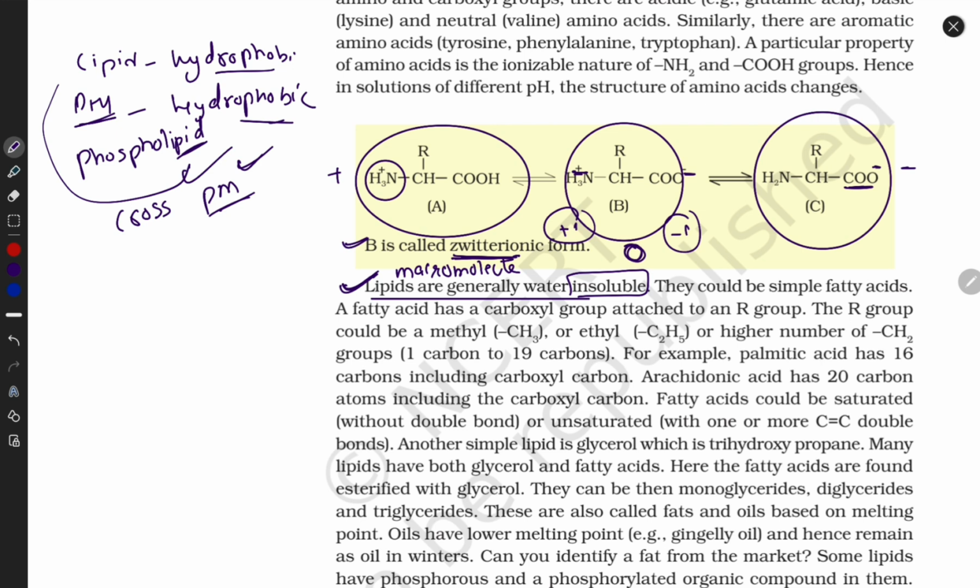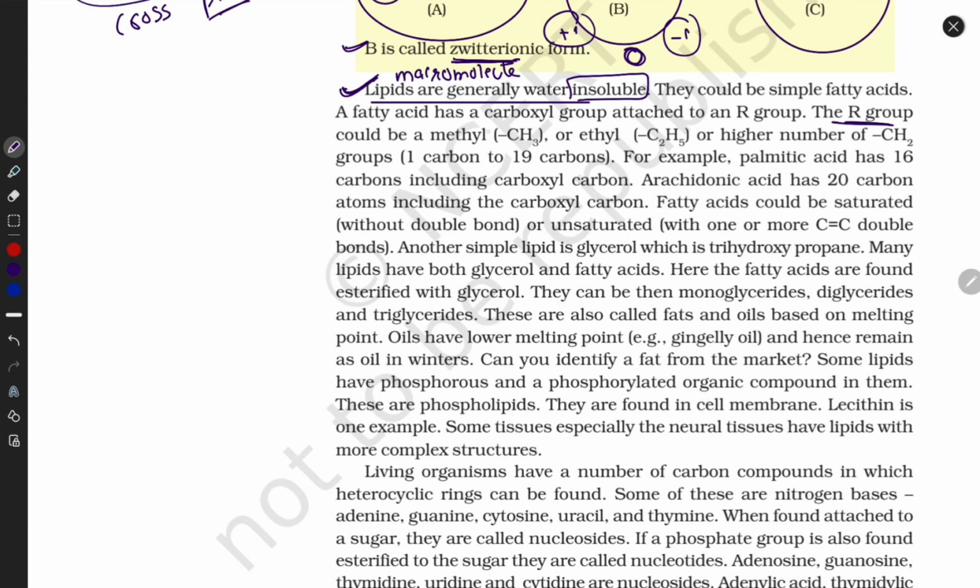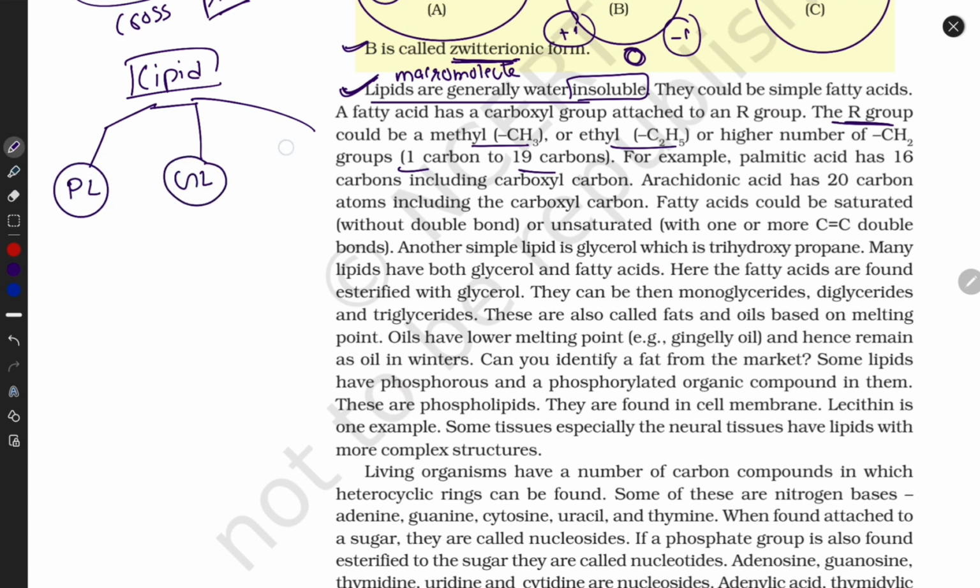All right, let's move further. Lipids also contain an R group. It may be methyl, ethyl, or a huge carbon chain of 1 to 19 carbons. I'll tell you further, relax. Lipids have 3 branches: phospholipid, glycolipid, and sterol.